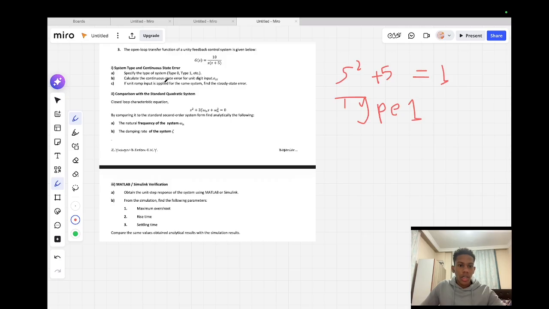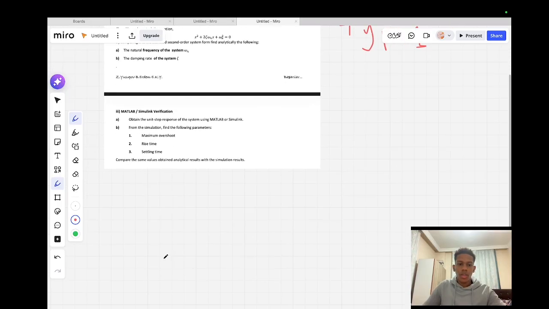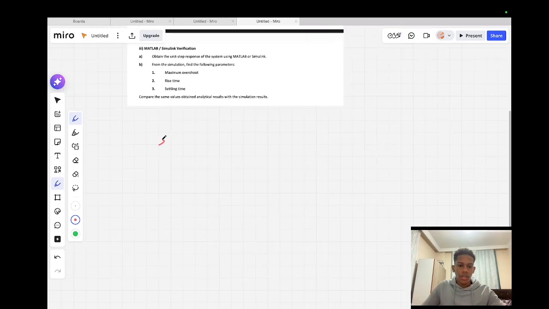The second question calculates the continuous state error for unit step input. So we need to find ESS.